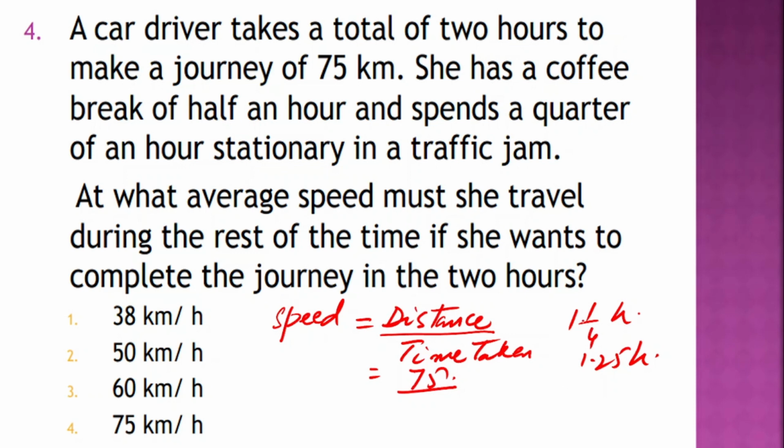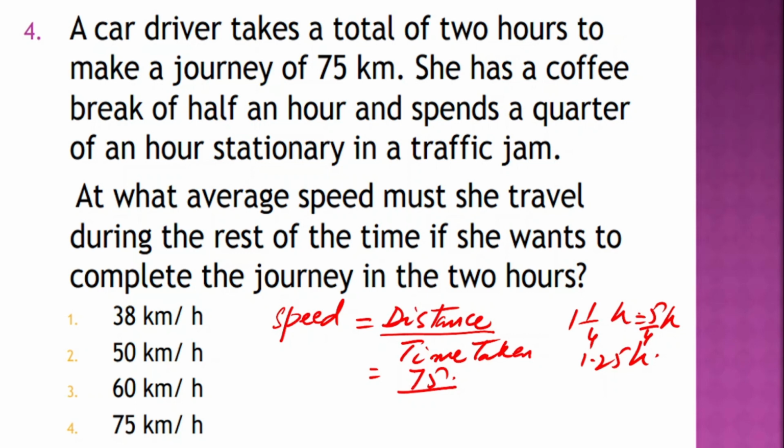When you change this from mixed to improper fraction, 4 ones are 4 and adding 1, this is 5 over 4 hour. So the time remaining for covering the same distance of 75 kilometer is 1.25 hour, that is 5 upon 4 hour, or in decimal you may substitute it as 1.25 hour. It's your wish which one you find easier.